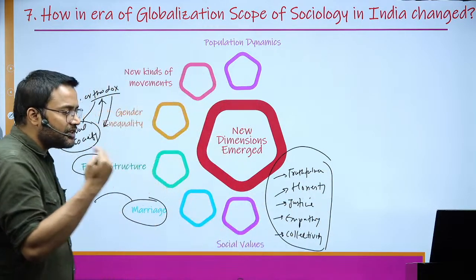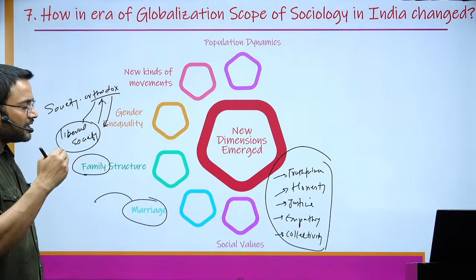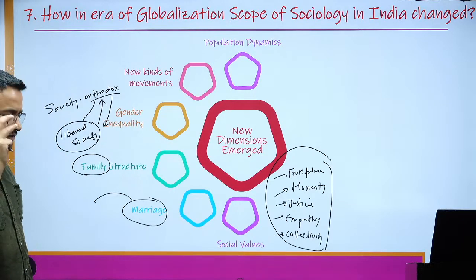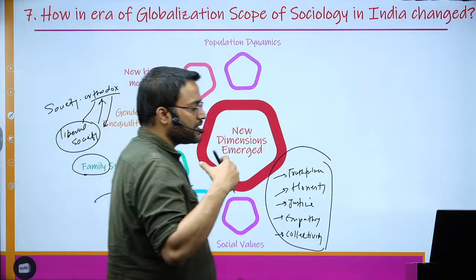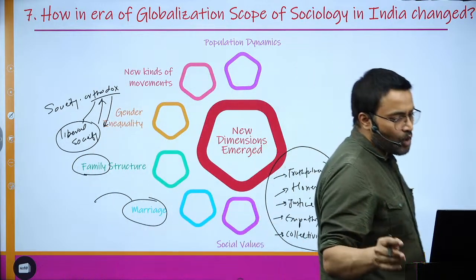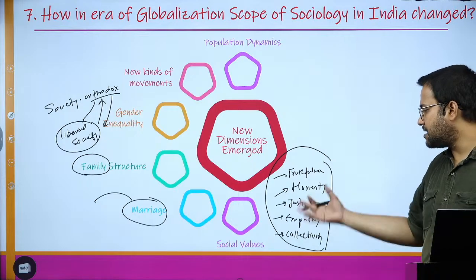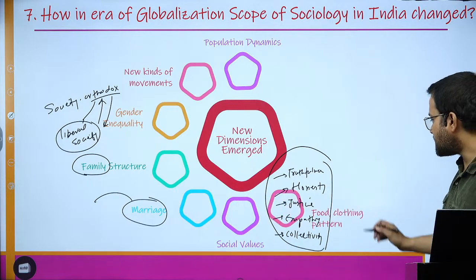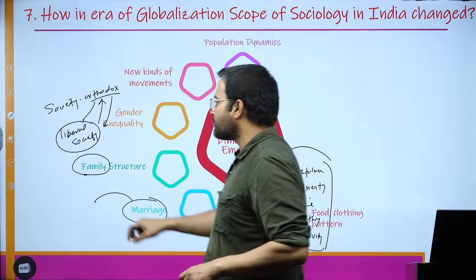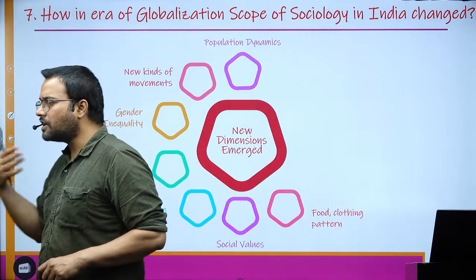Now people talk about individualism. They talk about how we should not have empathy. They focus only on themselves. So a self-centered attitude is popping up. A materialistic culture is popping up. All these things, so values have also changed. Just like food and clothing patterns are changing. Just like we can say McDonald's burgers.